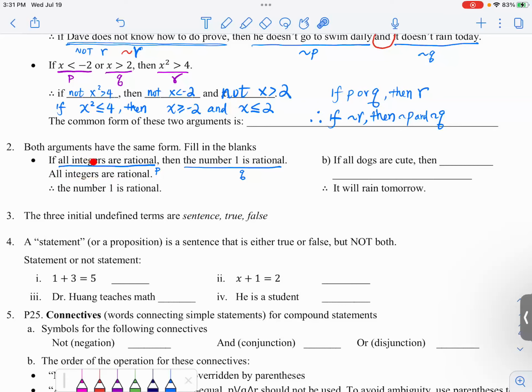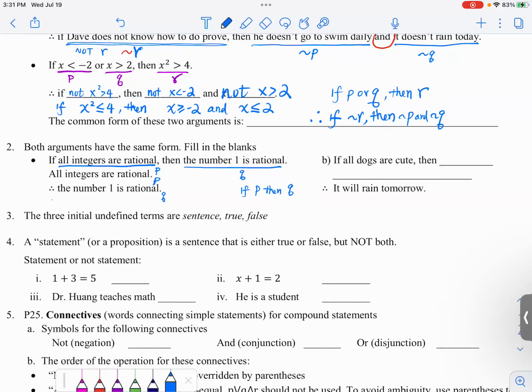This is identical to this one, right? So I see the P statement repeated. And therefore, the number 1 is rational, which is identical to this guy. So Q is repeated.